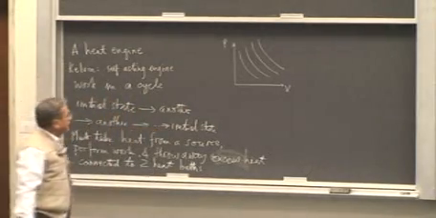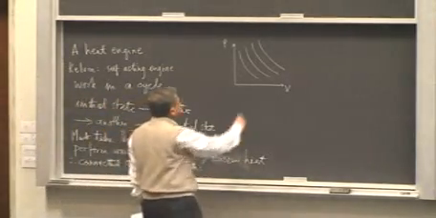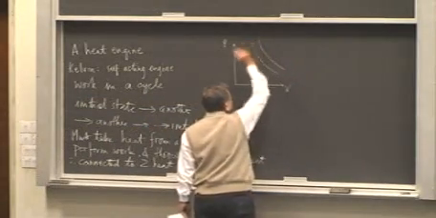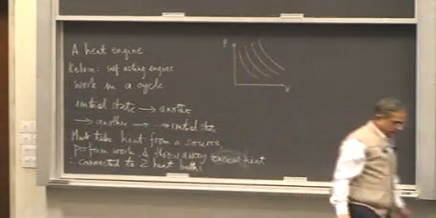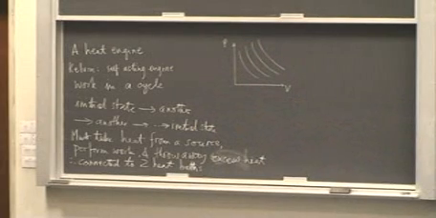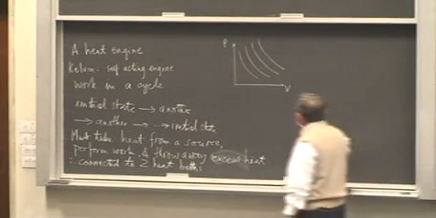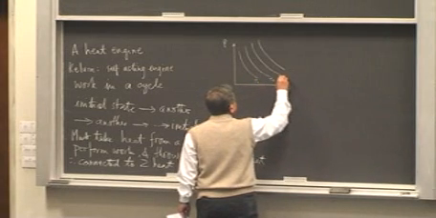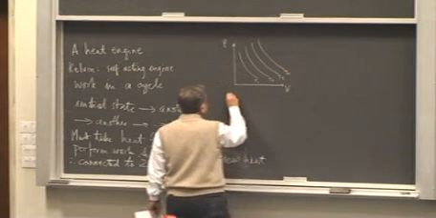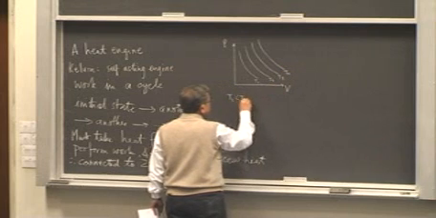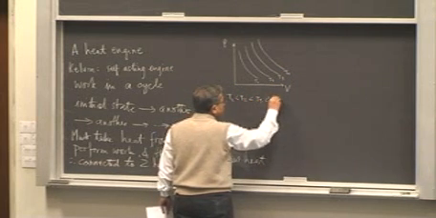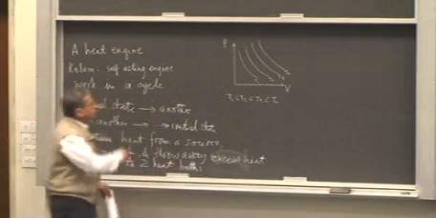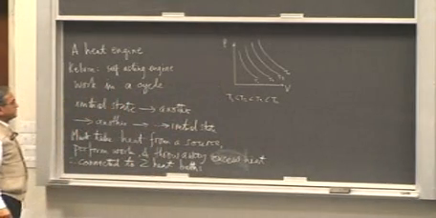Isotherms are the lines on which all the points on a line are at the same temperature, and T1, T2, T3, etc. are such that T1 is less than T2, less than T3, less than T4, and so on. As you go out, you are at a higher value of temperature.